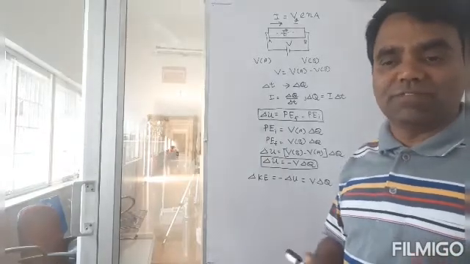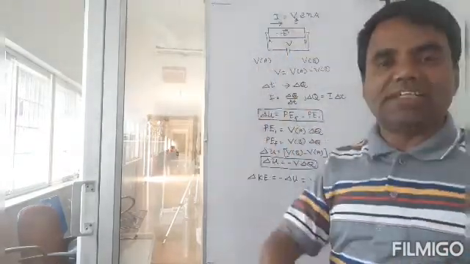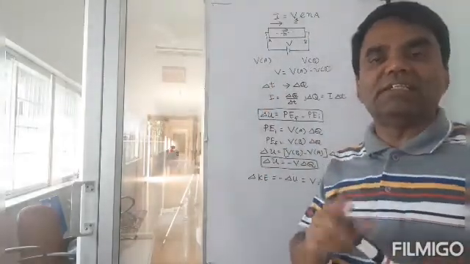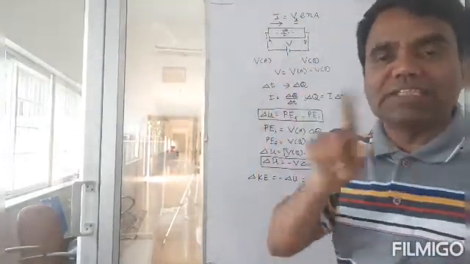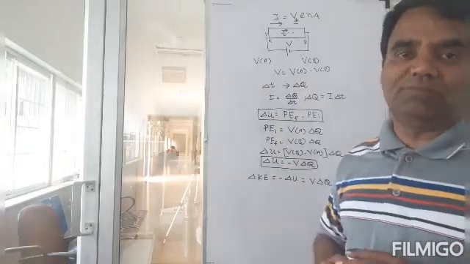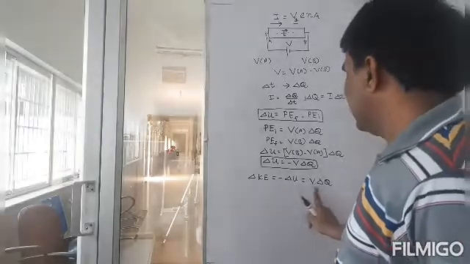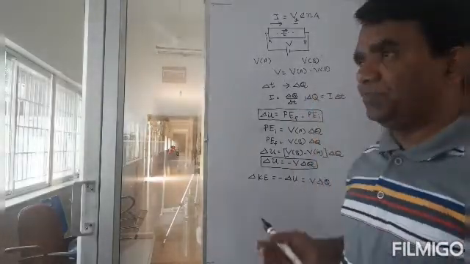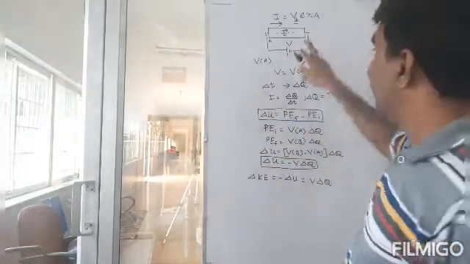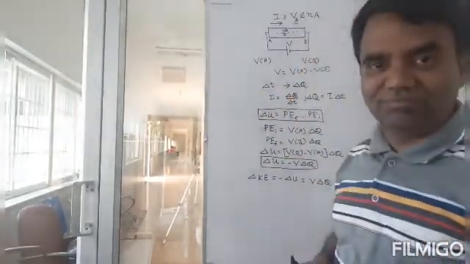I told you that if the kinetic energy remains the same between the initial position and the final position, it means that there is another force doing the same amount of work in the opposite direction. That's what I said, right? So this kinetic energy is not reflected in the charges.